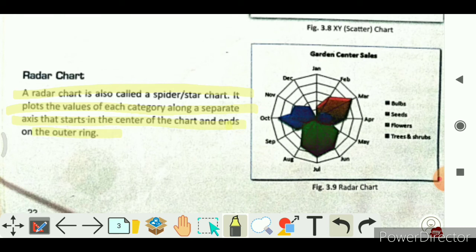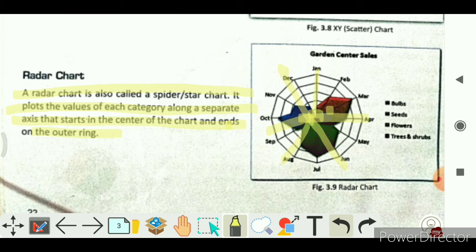We have already discussed this. This is the center of the chart, and many axes start and pass towards the outside, and on these axes the data is plotted, right?